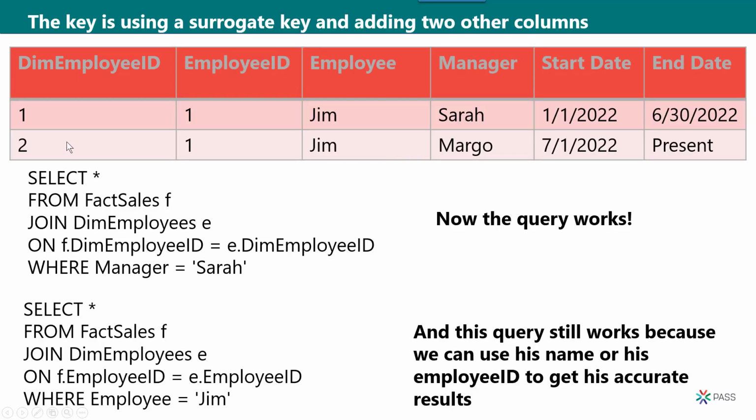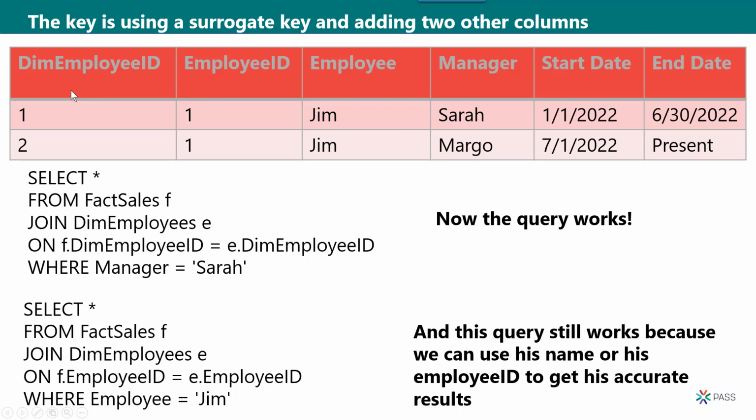The surrogate key is the real working cog here. Because now employee ID 1 has 2 records, so Jim has 2 records. In one of those records he reports to Sarah, and in the other he reports to Margot.